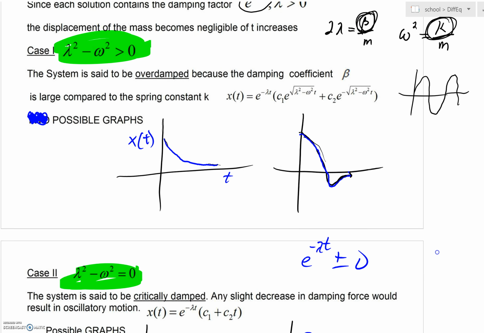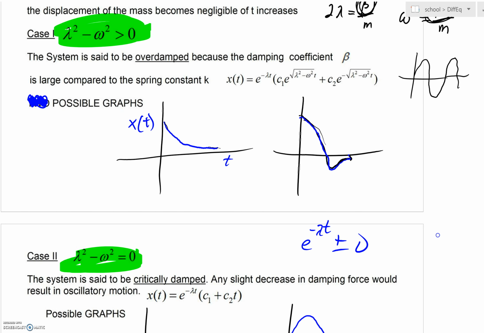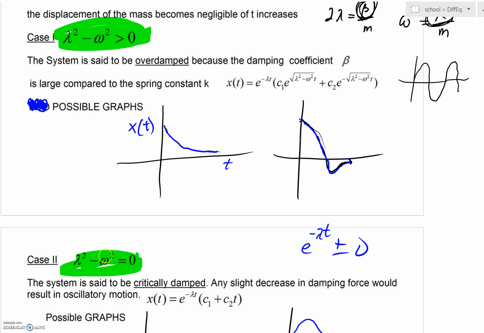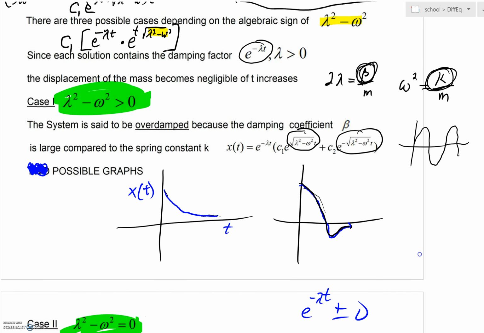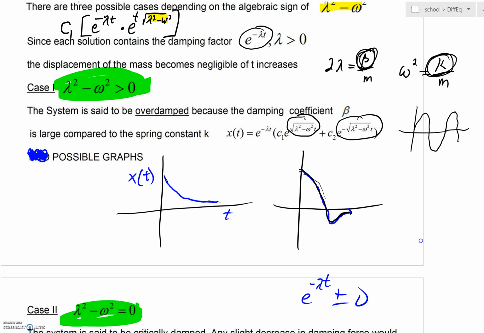So that's case one. Case two, you can think, well, what if lambda squared minus omega squared was equal to 0? Well, if that was equal to 0, that means that these two parts right here, you'd have e to the 0, that's just going to be a 1. And you would expect that to just be collapsing.